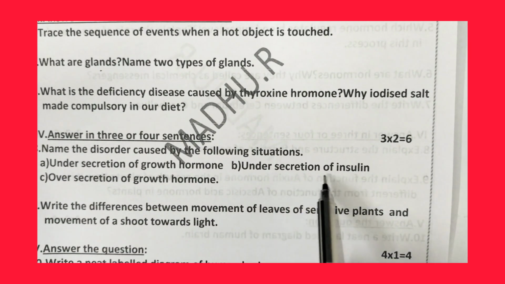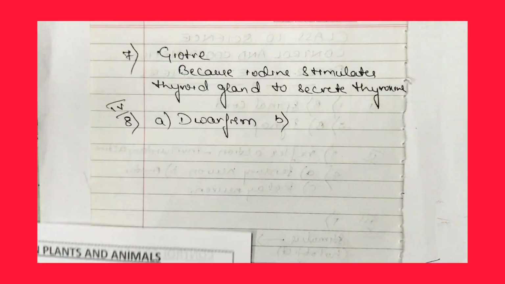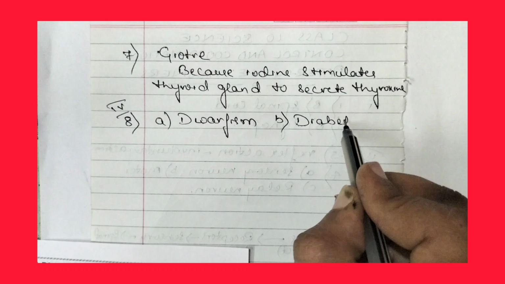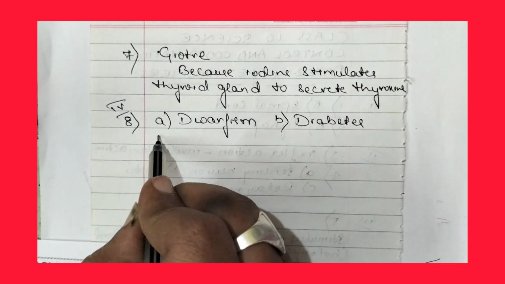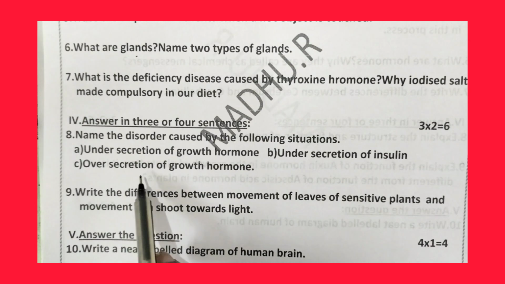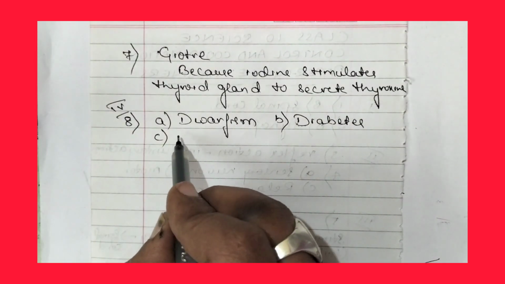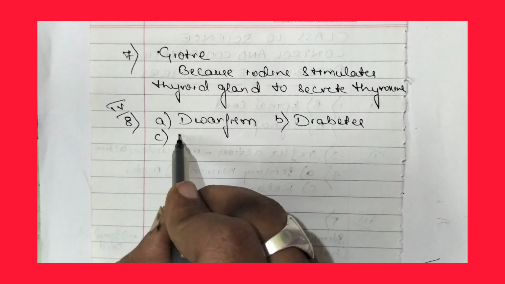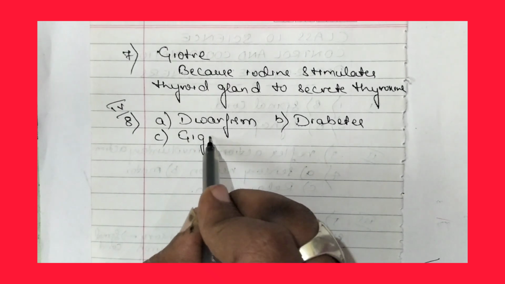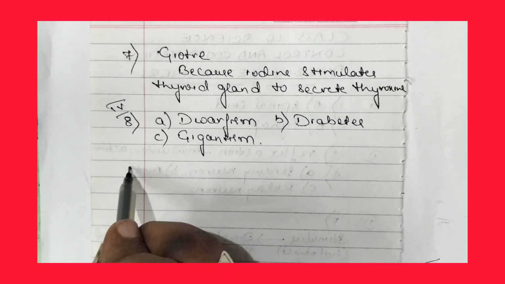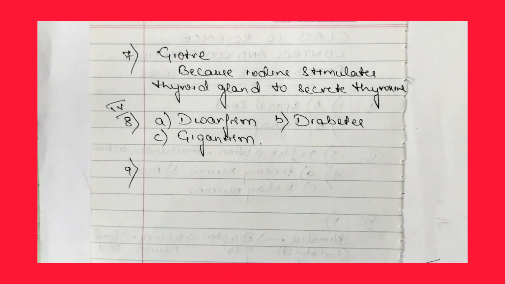Under secretion of insulin: if the insulin is not secreted properly, then the person will get a disease called diabetes. Then the third one is over secretion of growth hormone. If the growth hormone is over secreted, we will get a disease called gigantism. Under secretion, dwarfism; over secretion, gigantism.